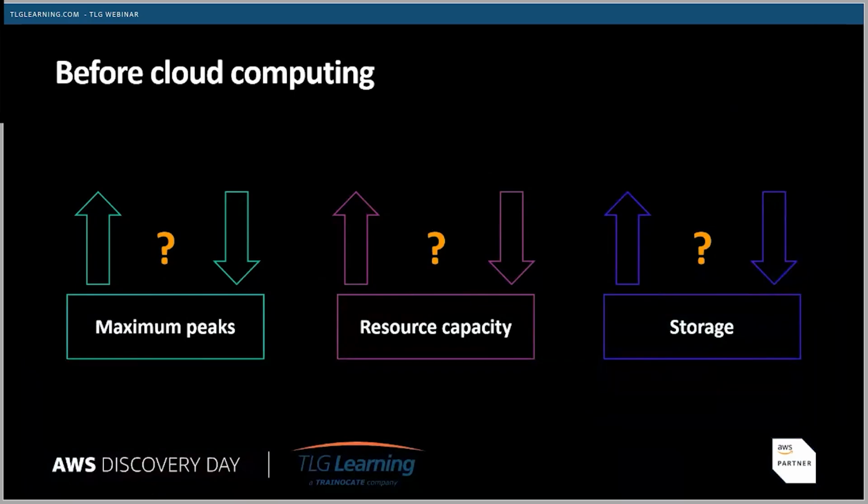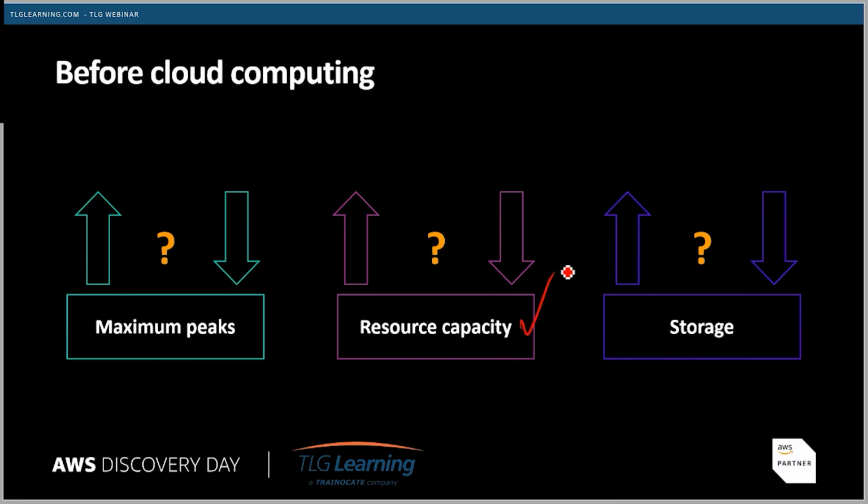If we examine cloud computing and compare that to before having cloud computing available, to our on-premises type of deployment in a data center, here are some things we are concerned with. We are concerned with, one, capacity.